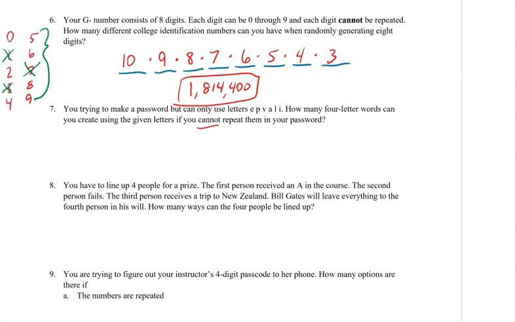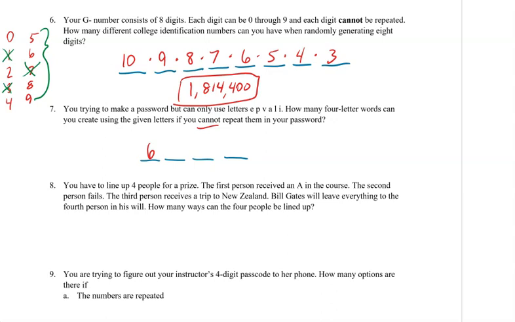Okay, so we want a 4-letter word, and how many options do we have for that first letter? Well, there are 6 different letters, so we start off with 6.